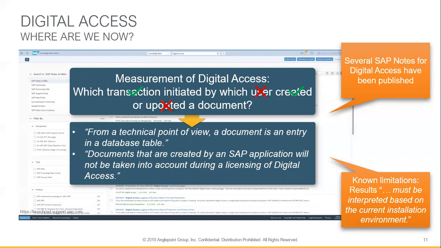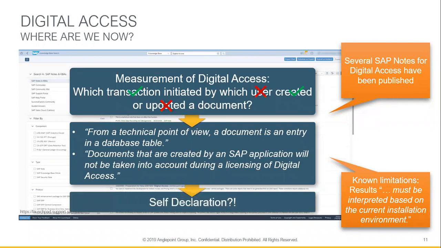So because of those limitations that we see from our analysis of their most recent note, we are still wondering, is this measurement going to be a self-declaration sort of measurement for digital access? Of course, as we showed you at the beginning, there has been an evolution of notes that have been released from SAP.